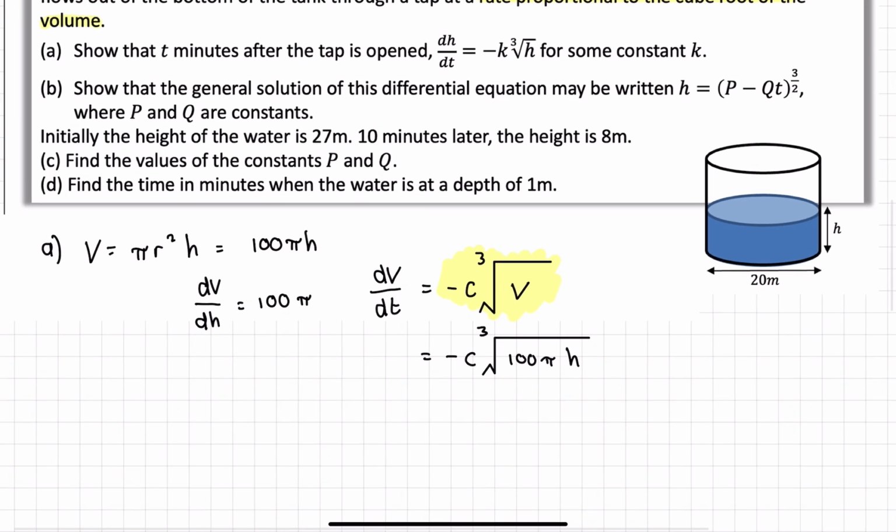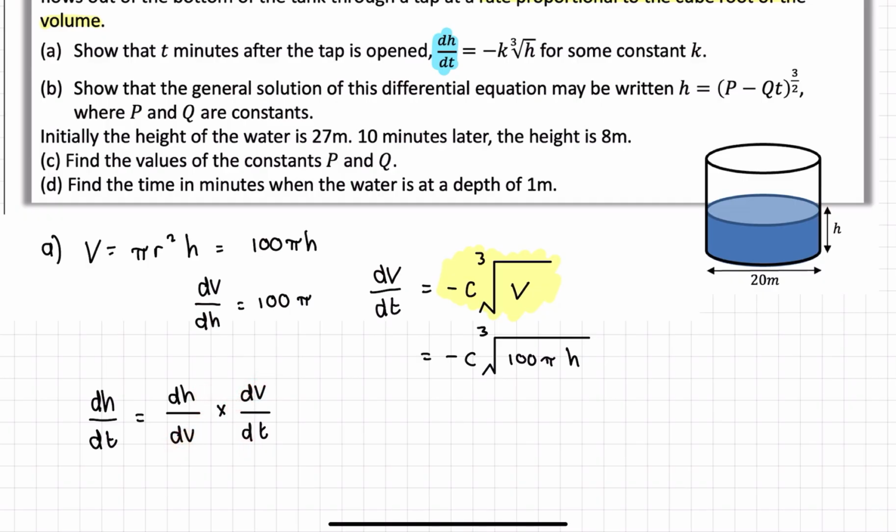That's the goal of the question here. dh/dt I can say is dh/dV multiplied by dV/dt, and what we can see here is the dV's are going to cancel out to give us dh/dt.